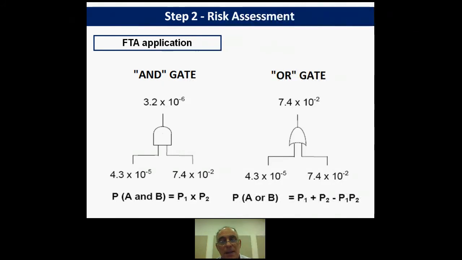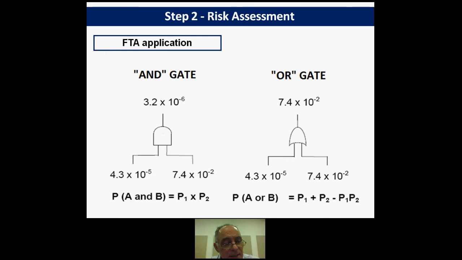as opposed to the OR gate, where, as I said before, either of them is adequate to have an undesirable effect. In that case, the probability of occurrence of the top event, 7.4 times 10 to the minus 2, is the result of the addition of the individual probabilities of the causes of this event minus the product of the probabilities.